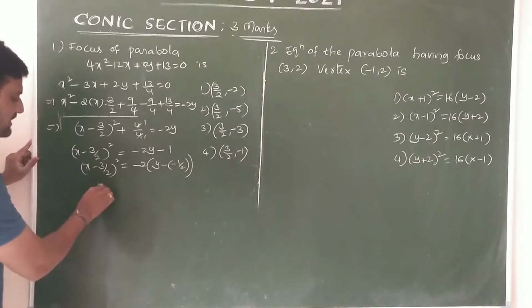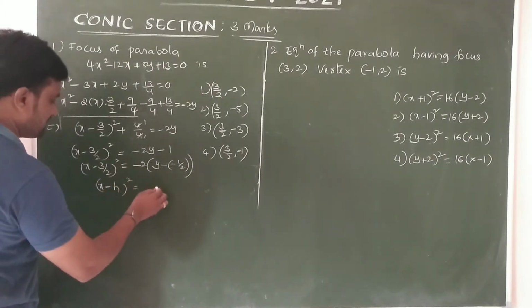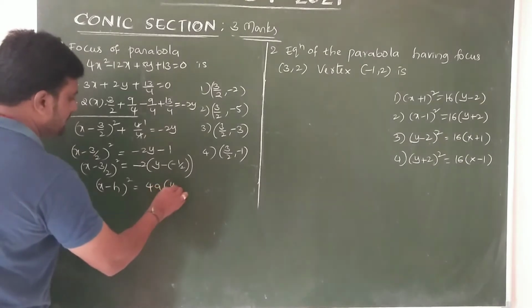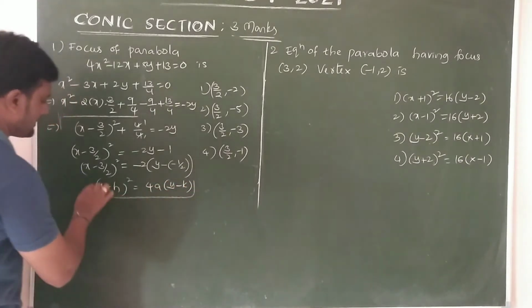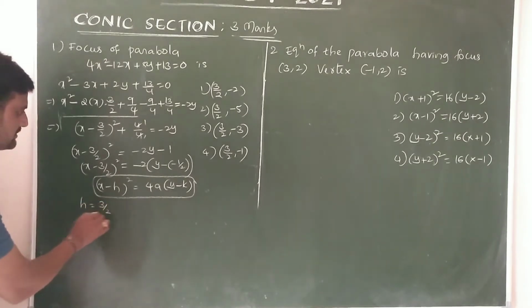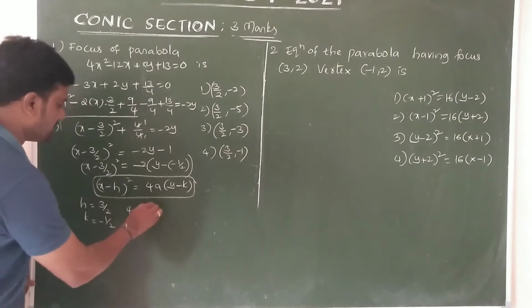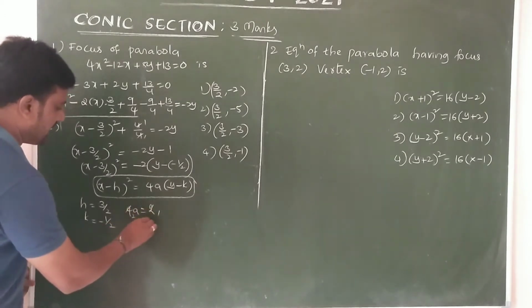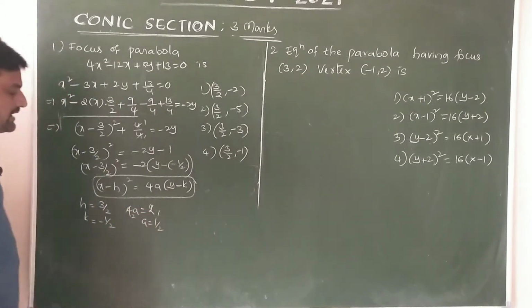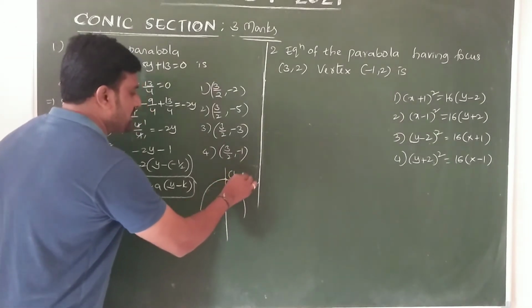Now it is the exact form x minus h whole square equals 4a into y minus k, okay. Then here h equals 3 by 2, k equals minus 1 by 2. Then 4a equals 2, a equals 1 by 2, okay. Then here focus is h comma k.